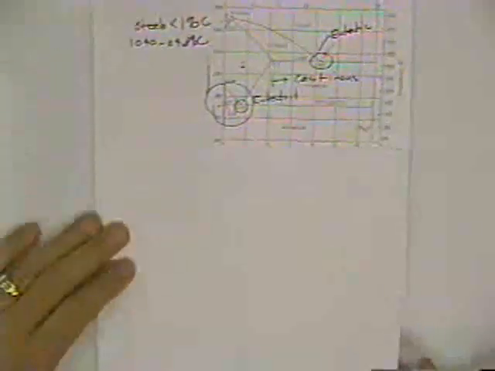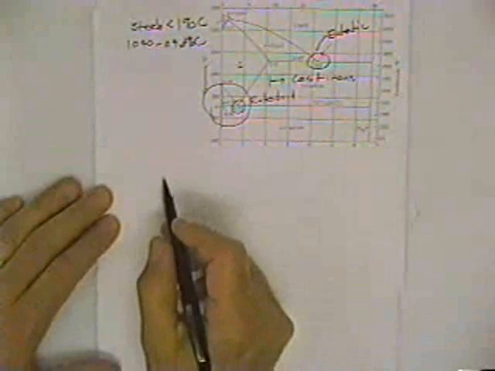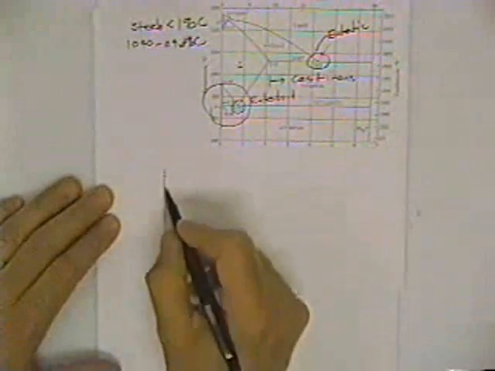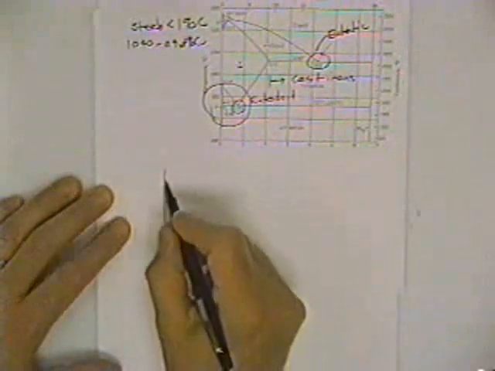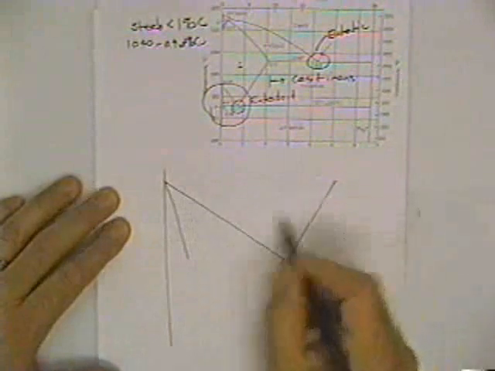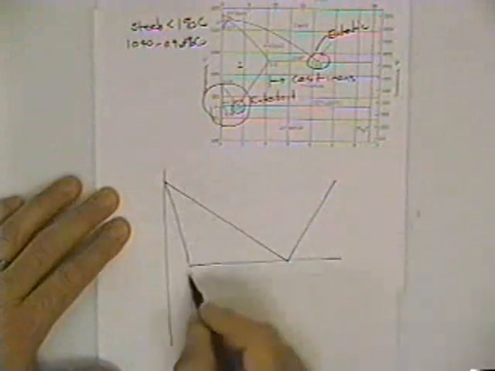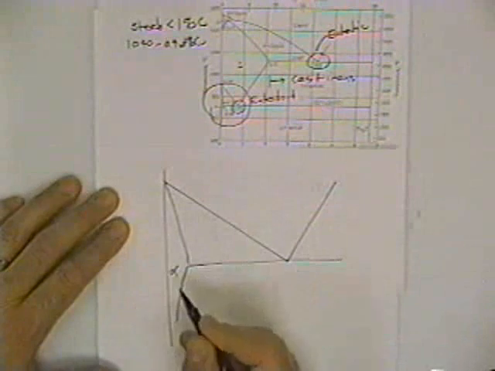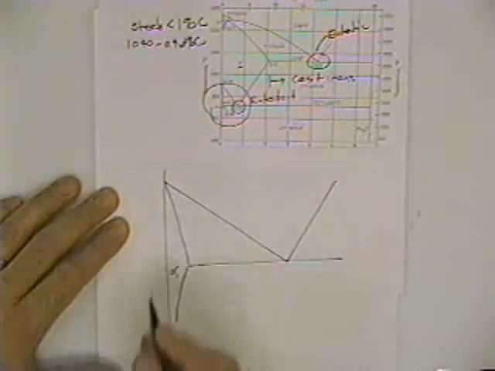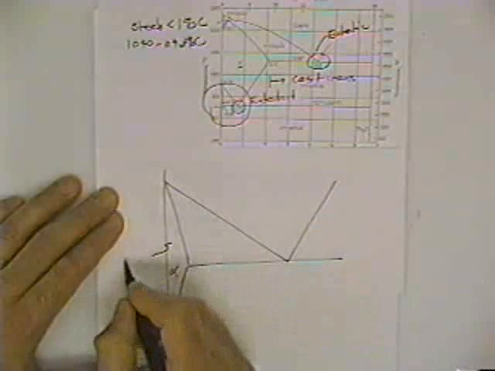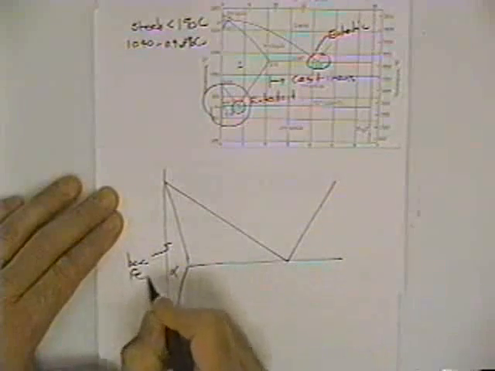Let's take a look at the two-phase field down here and work a lever rule problem with the iron carbon diagram. And let me just expand this a little bit. Now, not very much carbon is soluble in body-centered cubic iron. This is alpha or BCC iron.